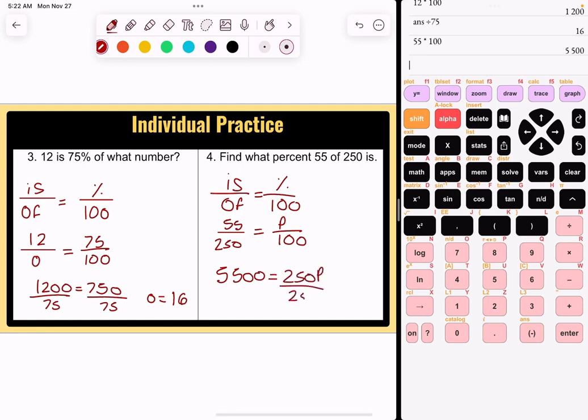To get rid of the 250, we are going to divide both sides by 250. We get p equals 22. Good. So 22% of 250 is 55. Oh, I'm going to put a percent, 22%.